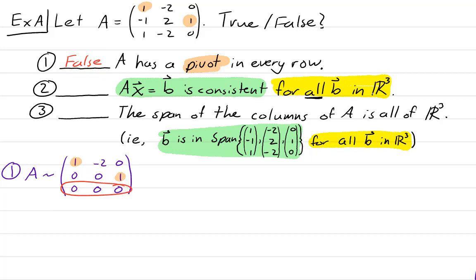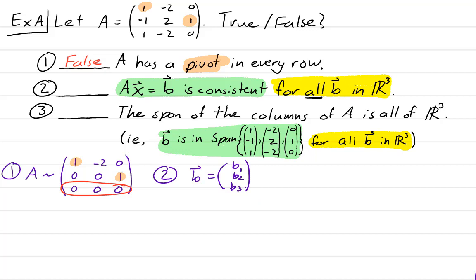For number 2 here, if we want to show that something is true or false for every vector b in R3, we can't assume anything about the entries in b. So we just know that we have 3 different real numbers. So we can give them names. Let's call them b1, b2, and b3.